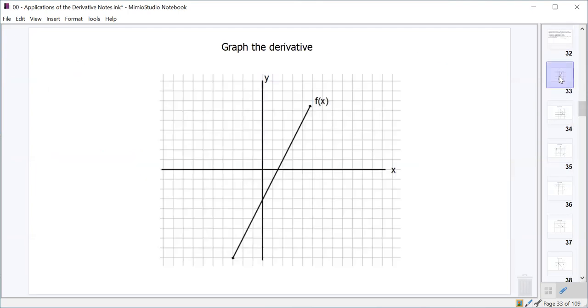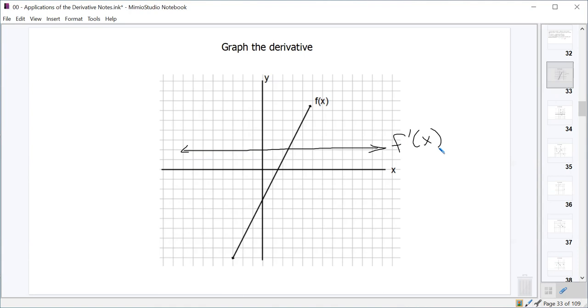So if we're looking to graph the derivative here of f of x, our function is clearly just a line with a slope of 2, which means that the slope of this function is always 2, which means that the derivative should just be a continuous function that always equals 2.